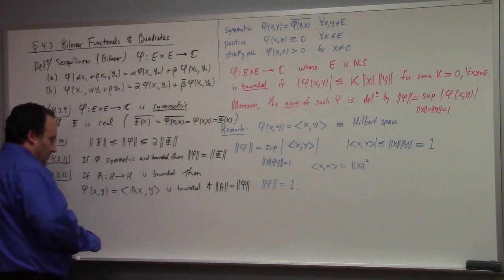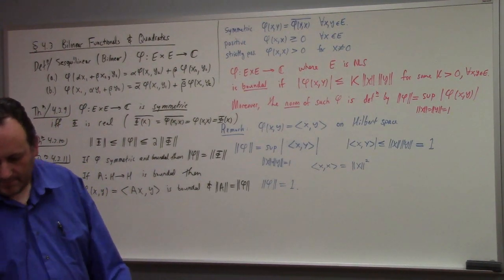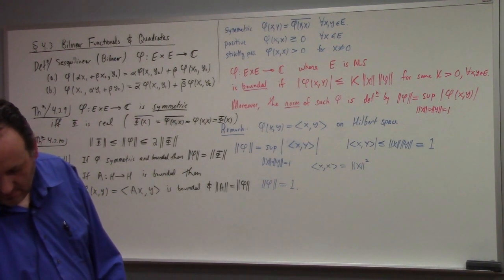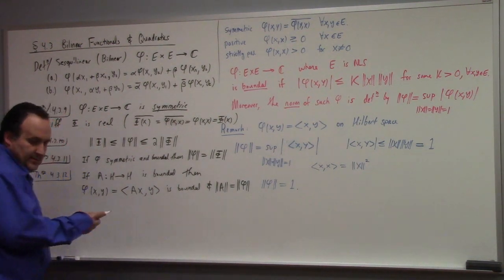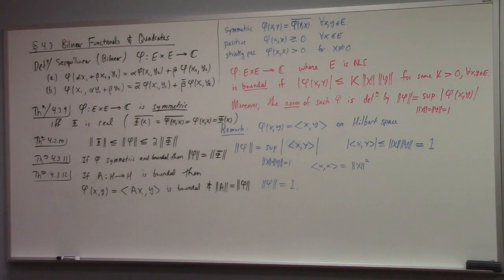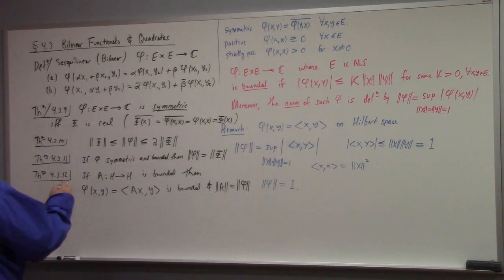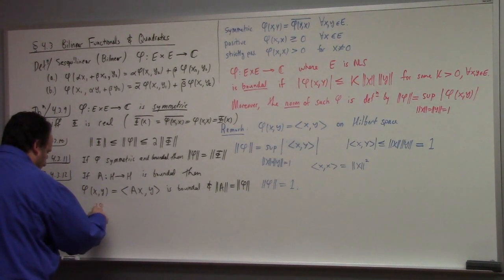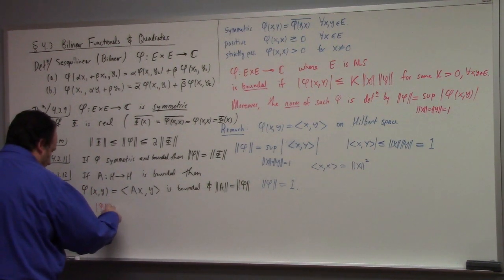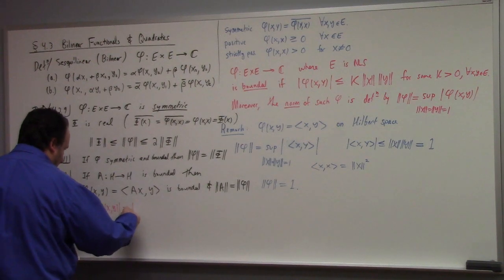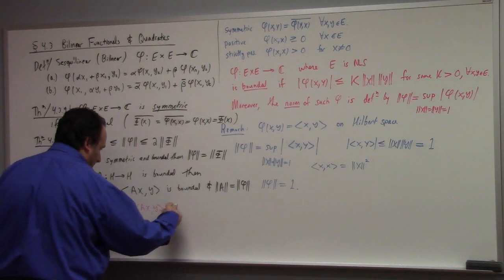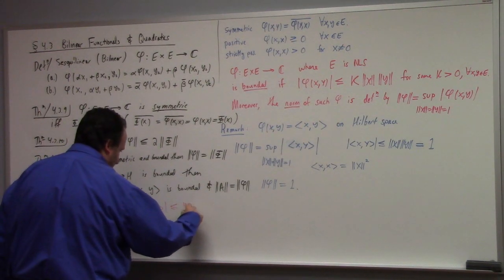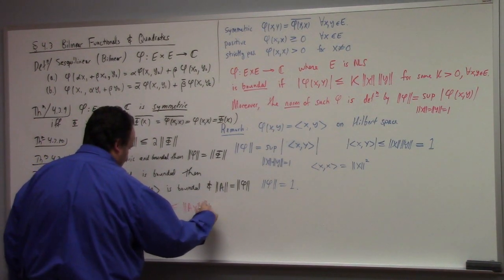I guess I'll slow my roll here for just a second and try to prove that. It doesn't look too bad. He uses Schwarz's inequality on this guy right here. So the absolute value of the bilinear functional of x and y as so defined is less than or equal to the norm of Ax times the norm of y, right?